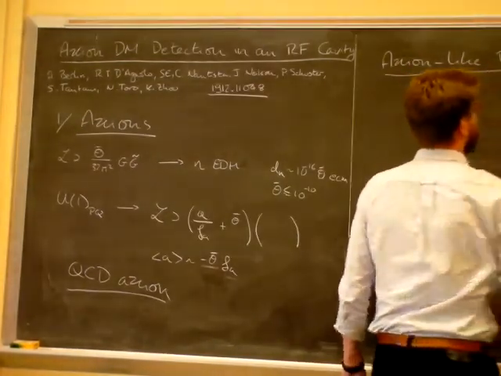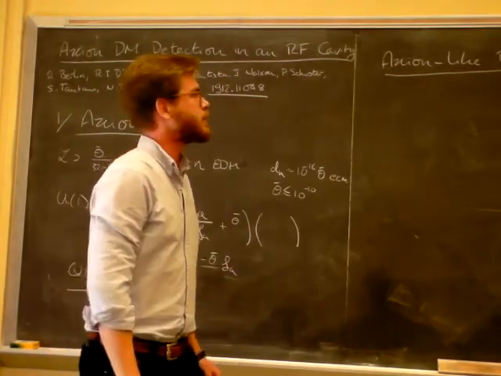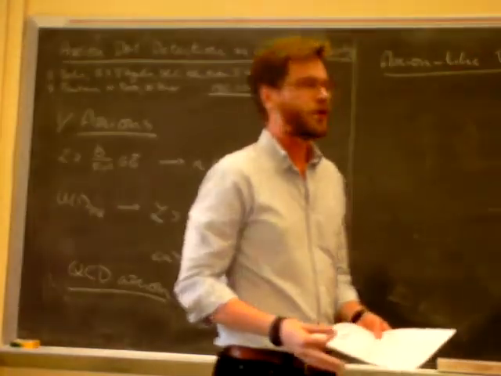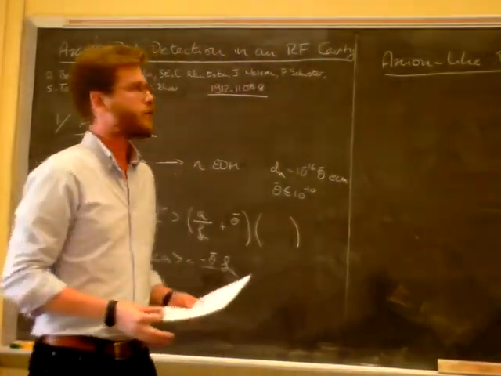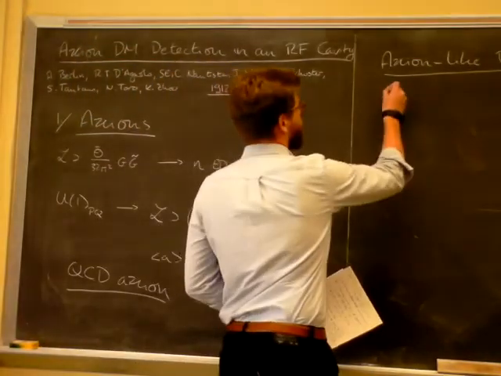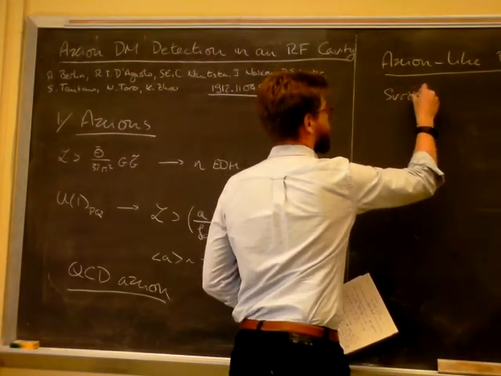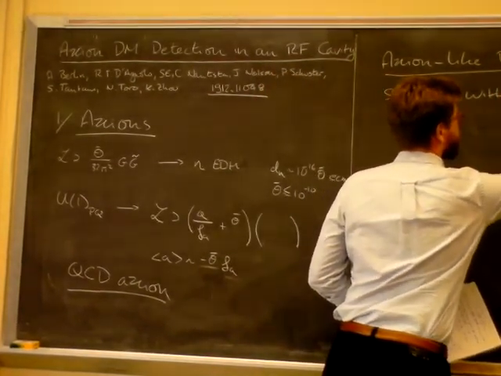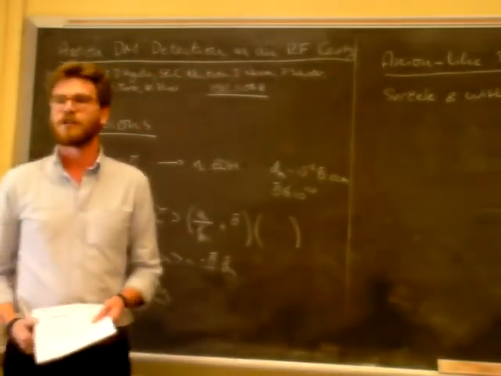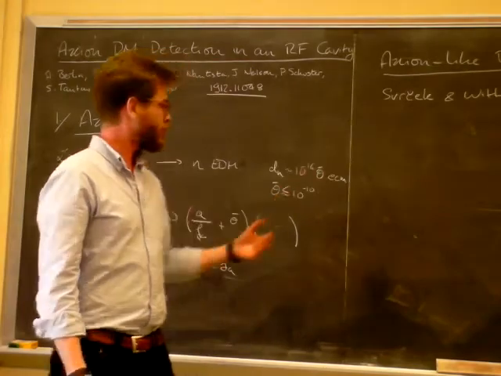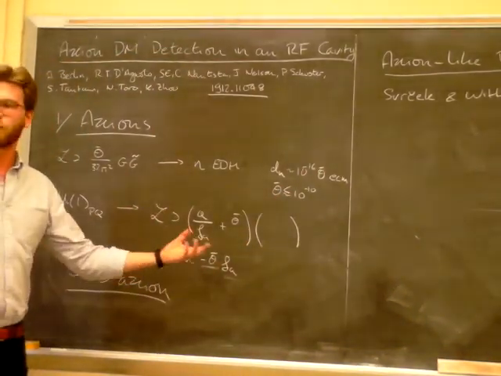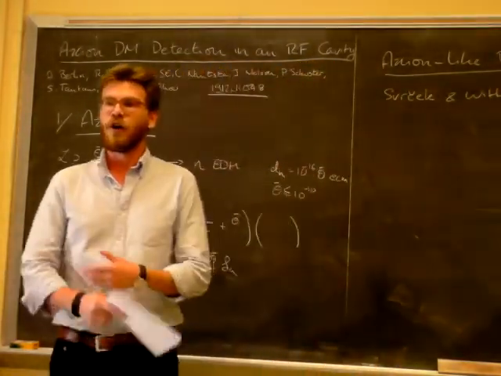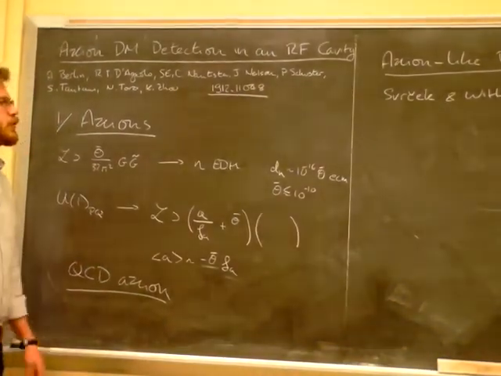So these guys were popularized in the mid to late 2000s by the realization that this was one of the few concrete predictions of known, thus far, string compactifications. And indeed, there's a very famous paper on this by Svrcek and Witten in 2006, showing that in typical string compactifications, you not only have one axion, which you would identify as the QCD axion solving the strong CP problem, but you would have a whole plethora of axion-like particles, a combination of which is the one which solves the strong CP problem.